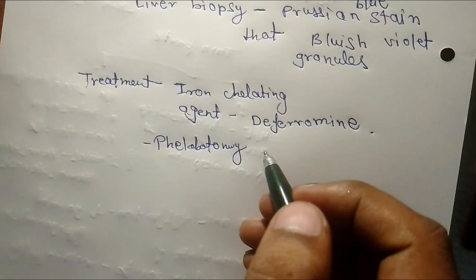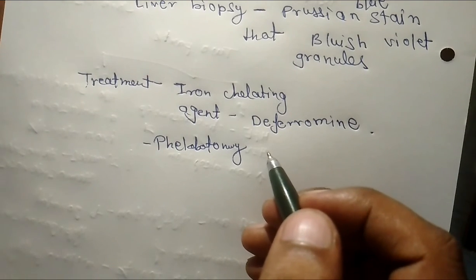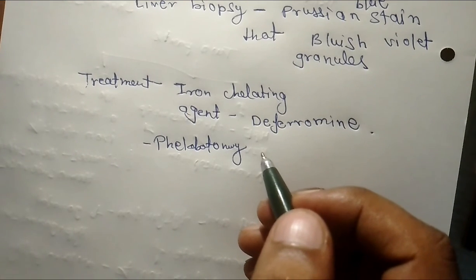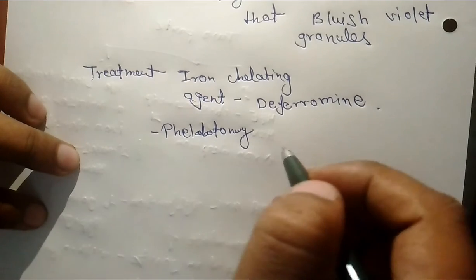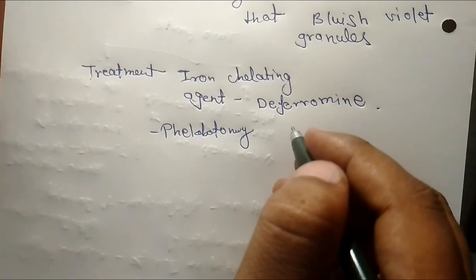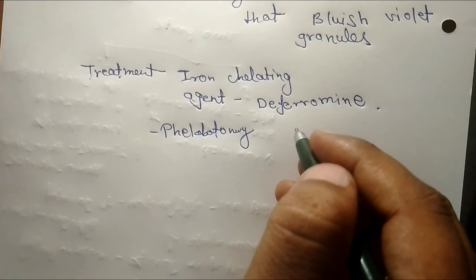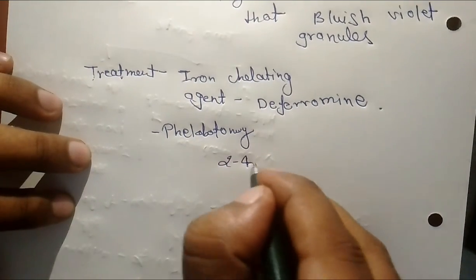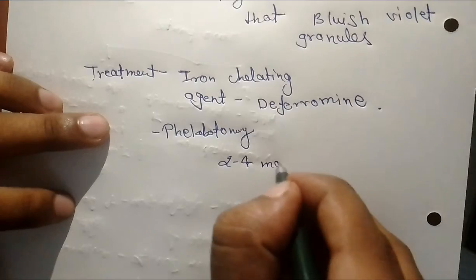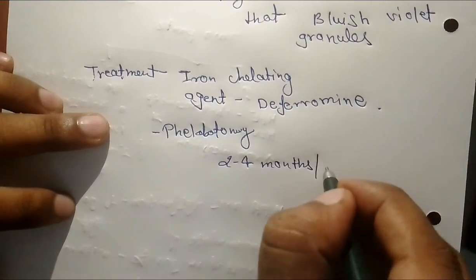We can use needles to puncture the small veins and draw blood, and we do phlebotomy weekly. When the serum ferritin becomes normal, we can do it once every 2 to 4 months.